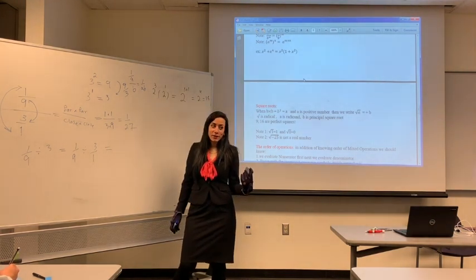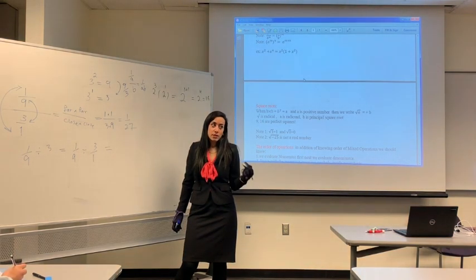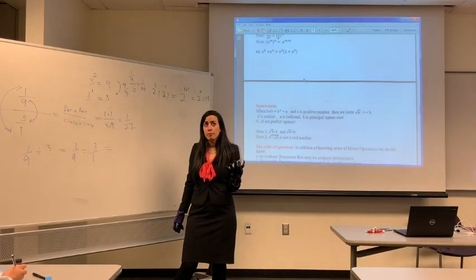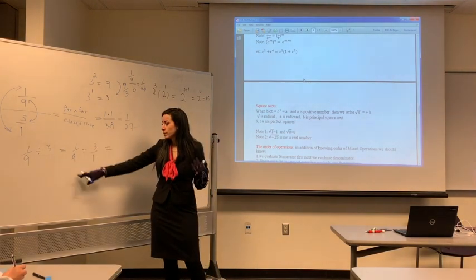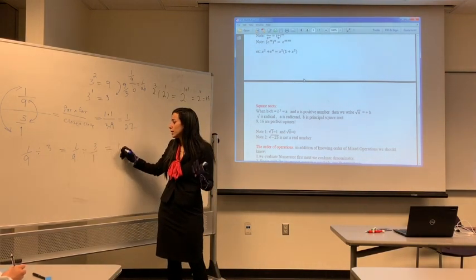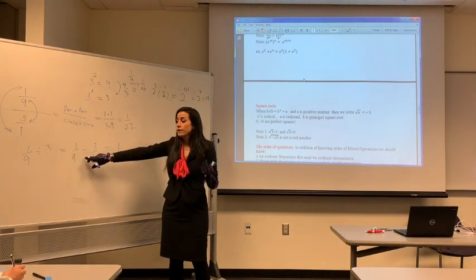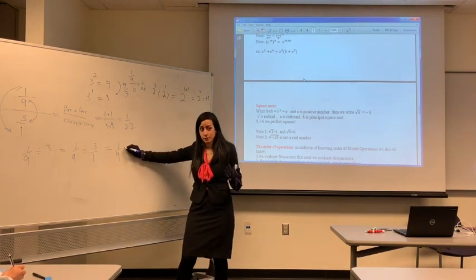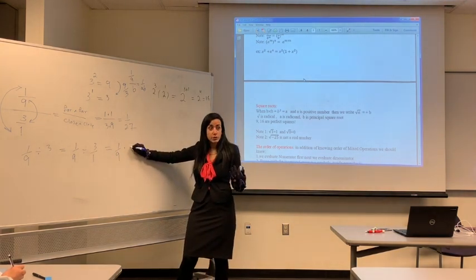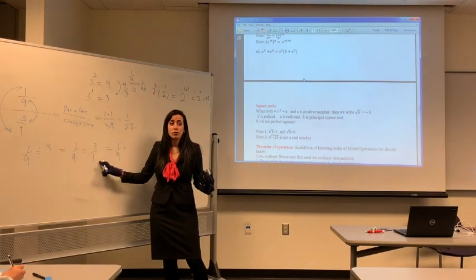Now you have 1 over 9 divided by 3 over 1, correct? So now in Math 120, at one point I remember this was in a book. What you will do, you will keep the first one. Division changes to multiplication. Multiply to the reciprocal of the second number. Now it was 3 over 1, correct?